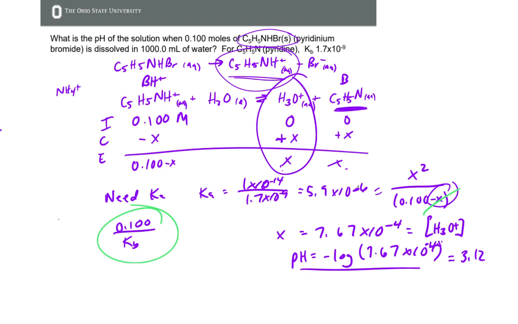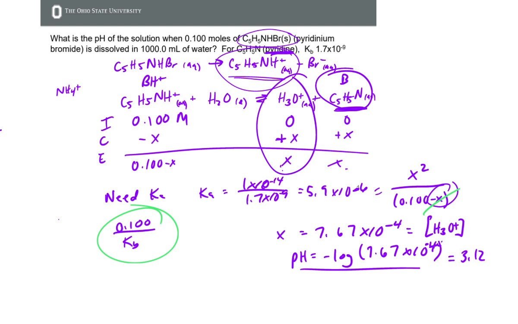Yes. So the question is that for pyridine, Kb is that number. So would that be the number to use? So this is what you're referring to, the Kb? Yeah. So pyridine is essentially this.